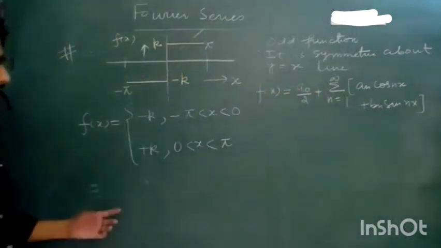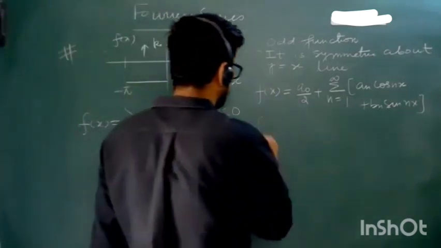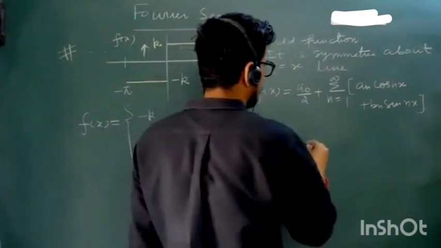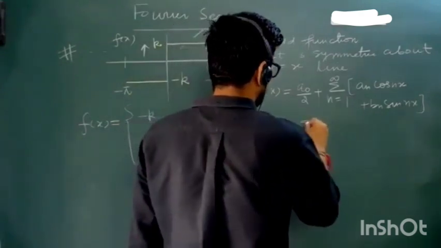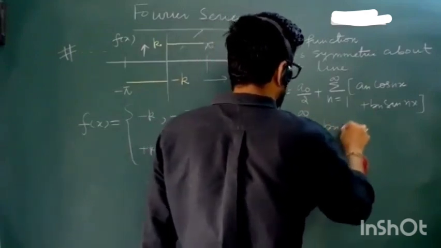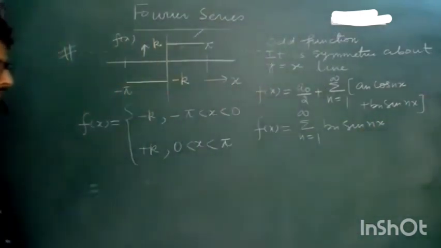When I will write this, you can clearly see that since it is odd function, the a n part will be 0. Okay, so we will only write this as f x is equal to summation n is equal to 1 to infinity b n sin of nx.